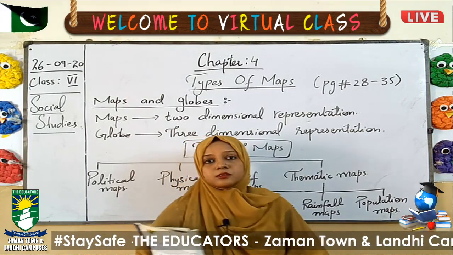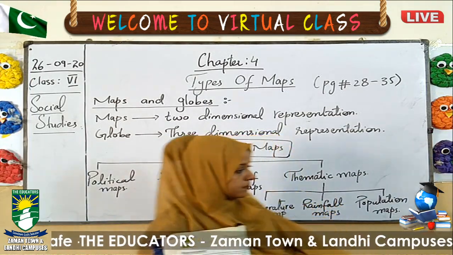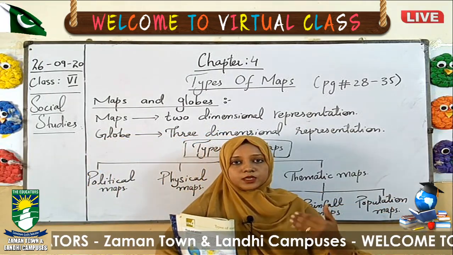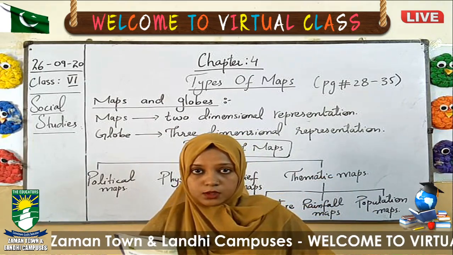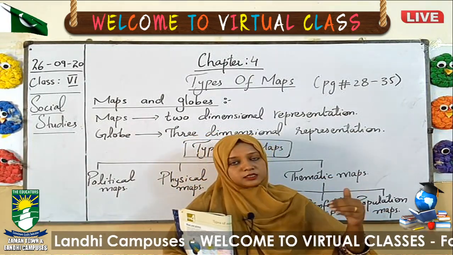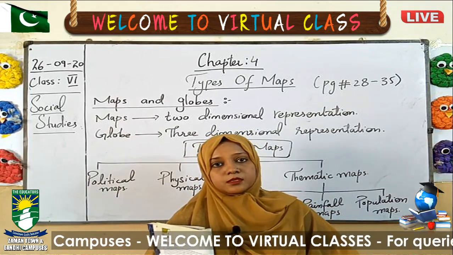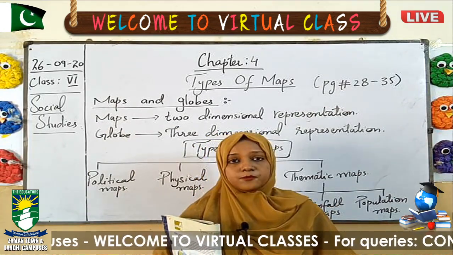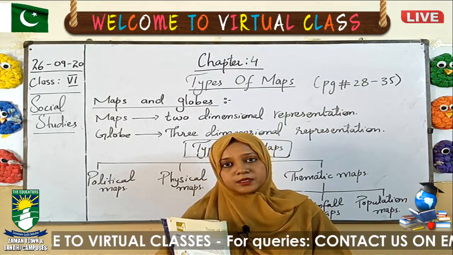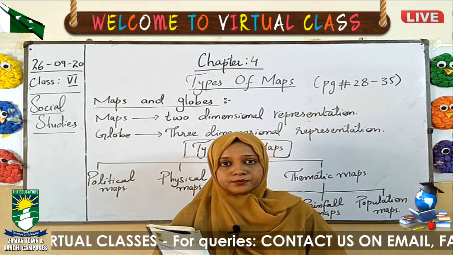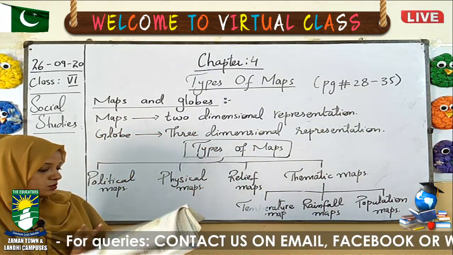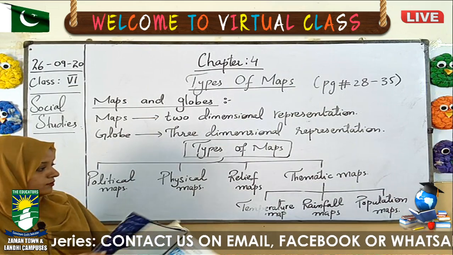There are many reasons for overpopulation, but through the population map, we get to know where most of the people live. People got settled because of many reasons, because they want some favorable environment, and the need of every person is different from the other. Okay? That is all related to the types of maps.